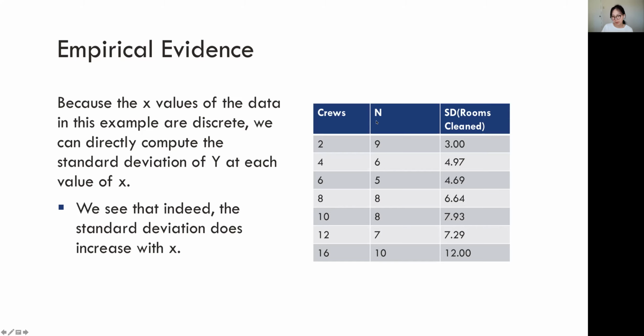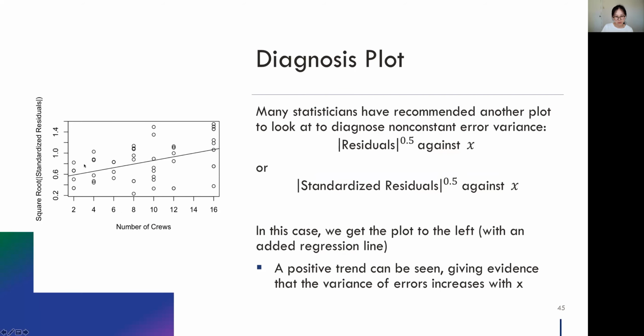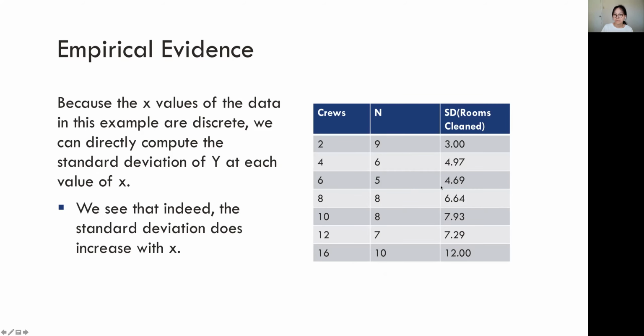Number of points means the number of days. The data set we have is, for each day, the number of crews and the number of rooms cleaned. So this just gives you the number of data points for each different value of the number of crews. But anyway, this is just to show you that if you calculate the standard deviation, it clearly tells you the variances are not constant.